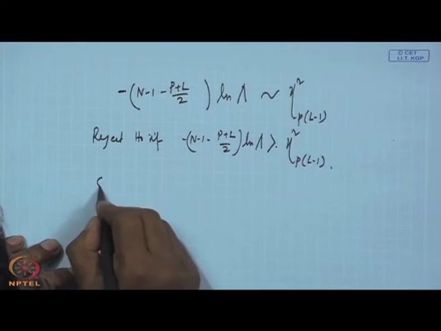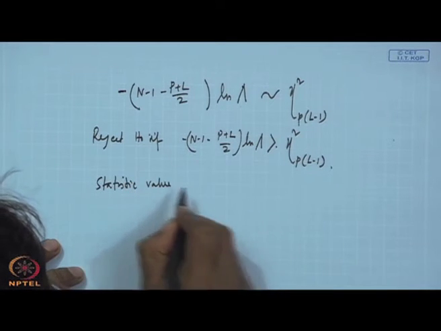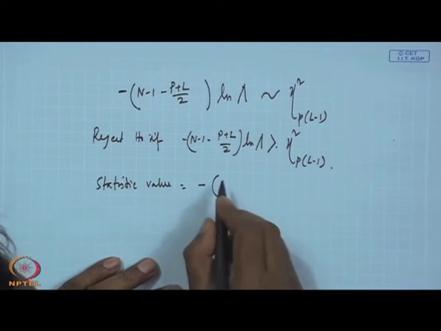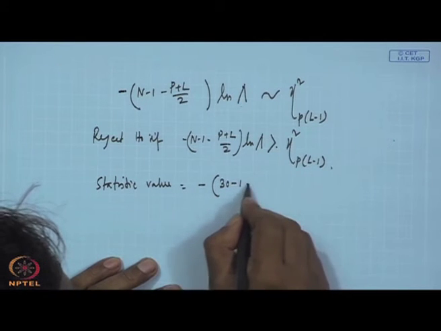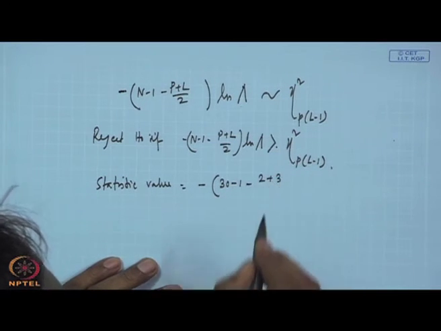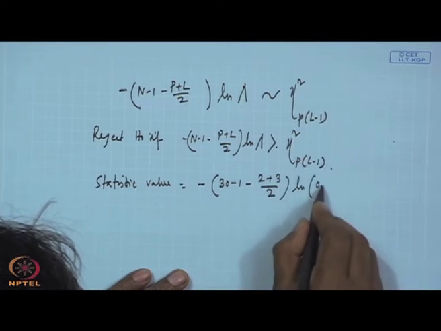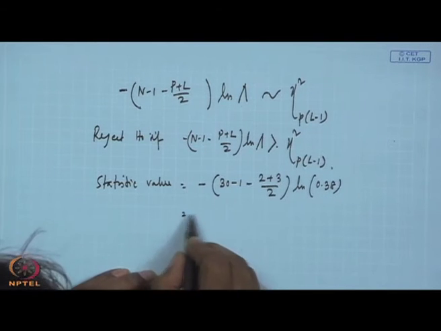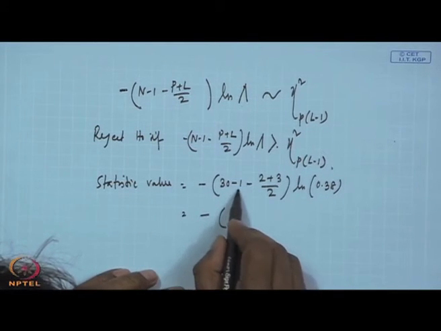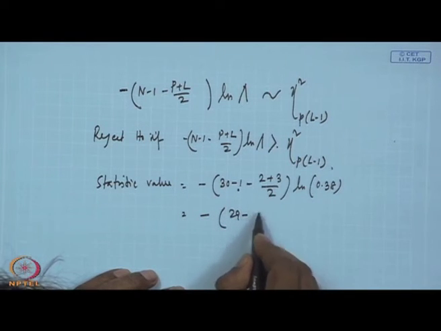So, our statistic value will be minus n, which is 30, minus 1 minus p, which is 2, plus L, which is 3, by 2, times log of 0.38. This will be minus, this is 29 minus 2.5.